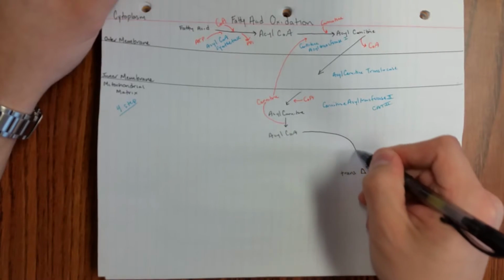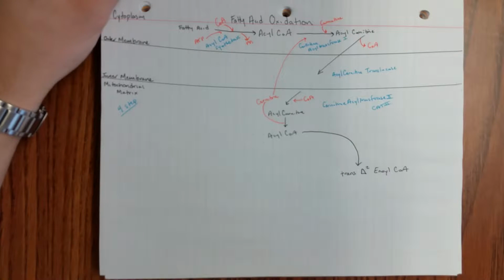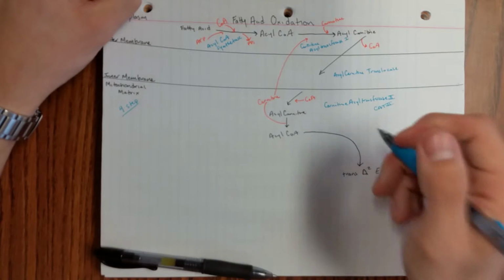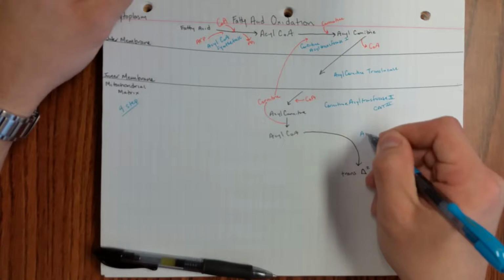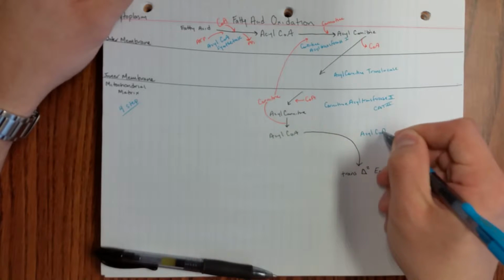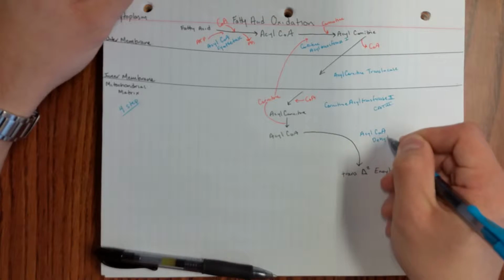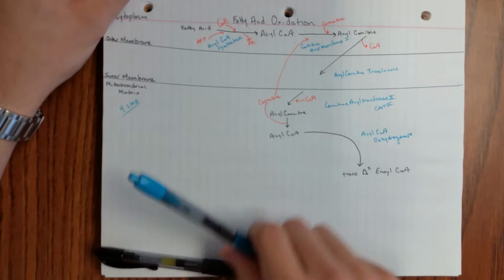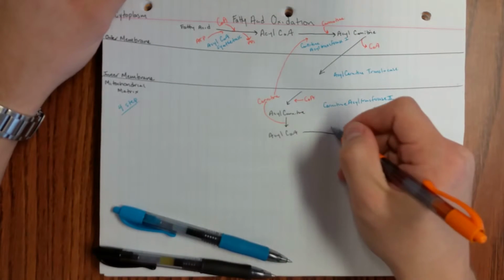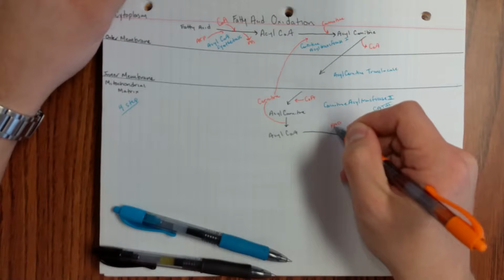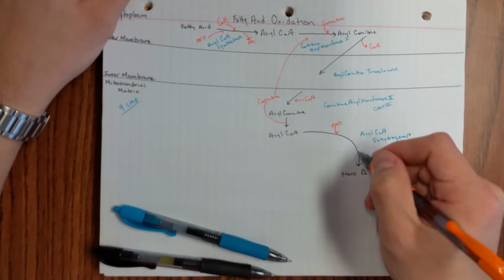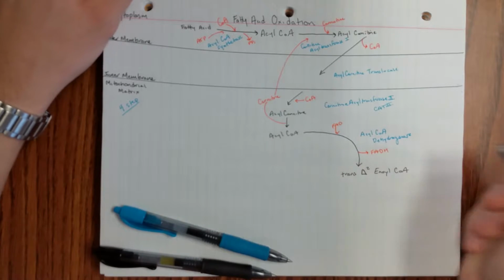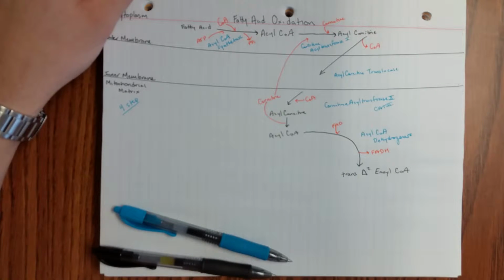This transfer from acyl CoA to trans delta 2 acyl CoA is facilitated by Acyl CoA dehydrogenase, and also an FAD is thrown in to help this, and we gain an FADH, which we'll use later in the process of making ATP.